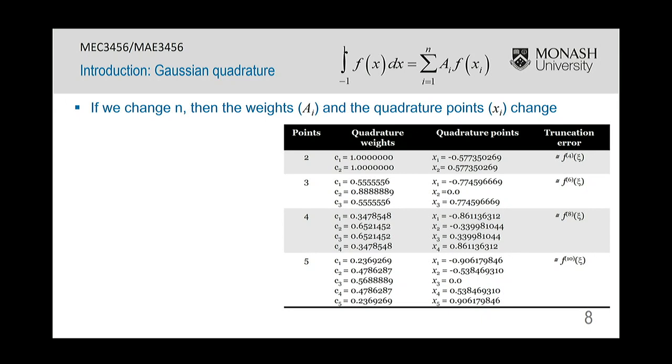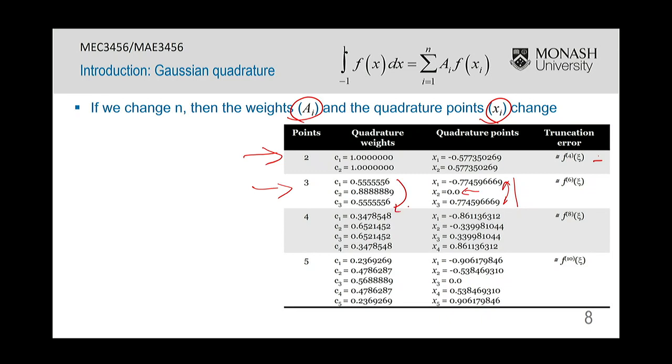We've just derived 2-point Gaussian quadrature, but of course there are other coefficients that exist for higher orders. If we change the order, in other words we change n, then the weights and the quadrature points also change. So this is the formula that we've just derived here. For n equal to 3, we can see that we have 3 points. The quadrature points are symmetric around the x-axis, and they include x equal to 0.